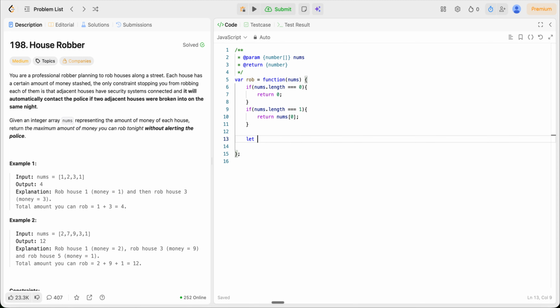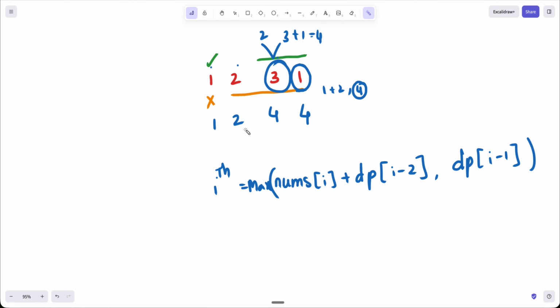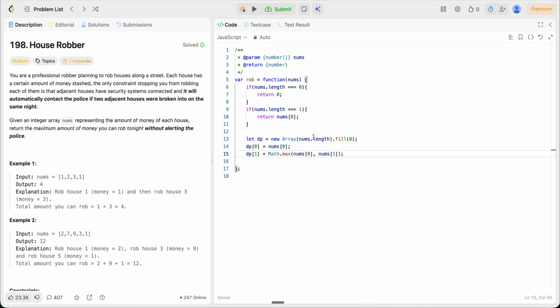If not, then we will declare a dp array of size nums.length, and initially we will fill it with 0, and dp of 0 will be nothing but nums of 0, and dp of 1 will be Math.max of nums of 0 or nums of 1. Initially, whenever we were looking at 1, 2, we chose 2 because it is the maximum of 1 comma 2.